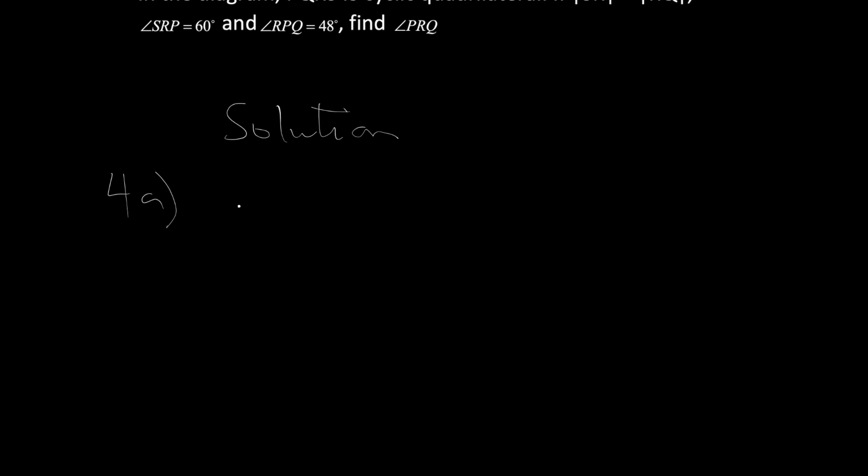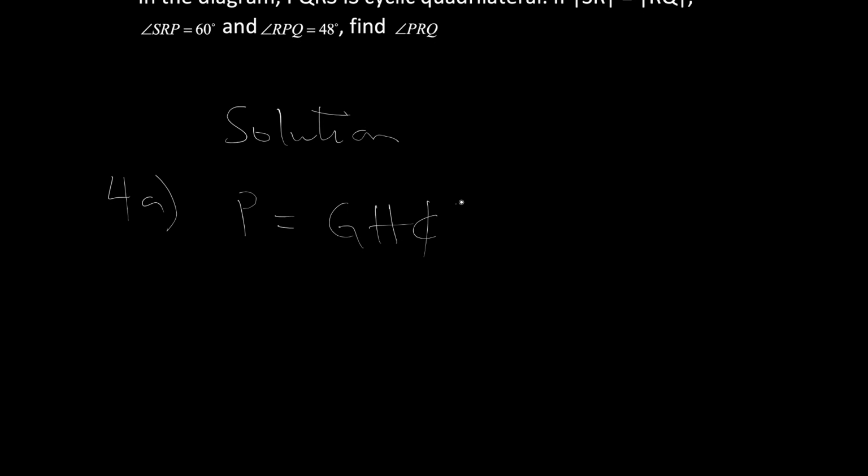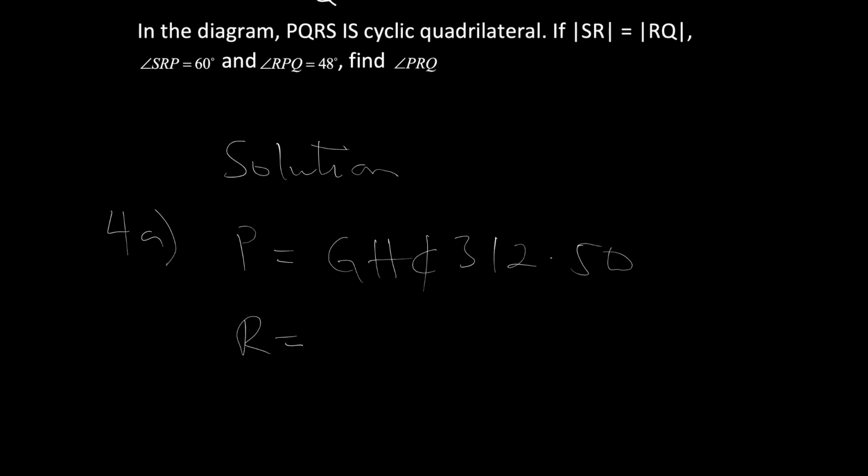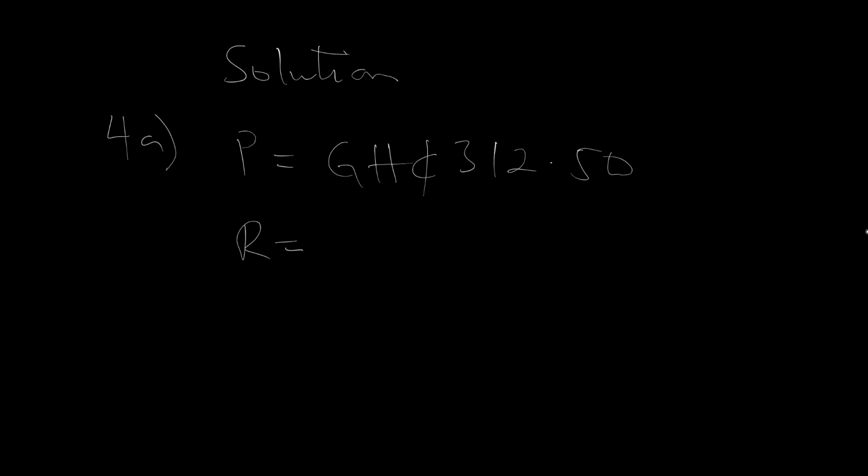So we have the principal amount, which is Ghana cedi 312.50. We have our rate, which is 4%.